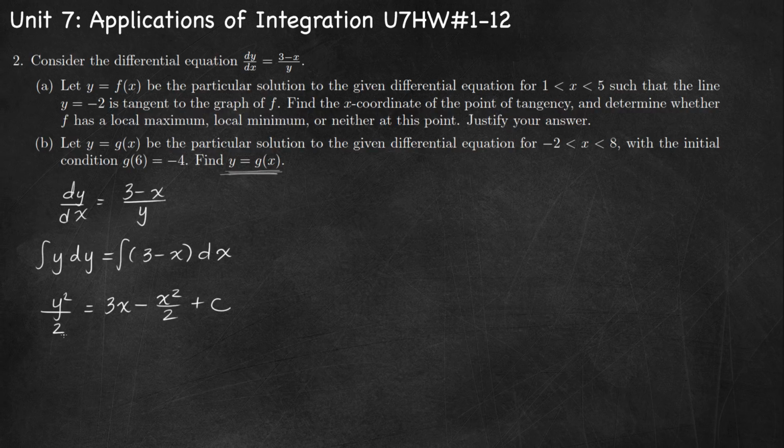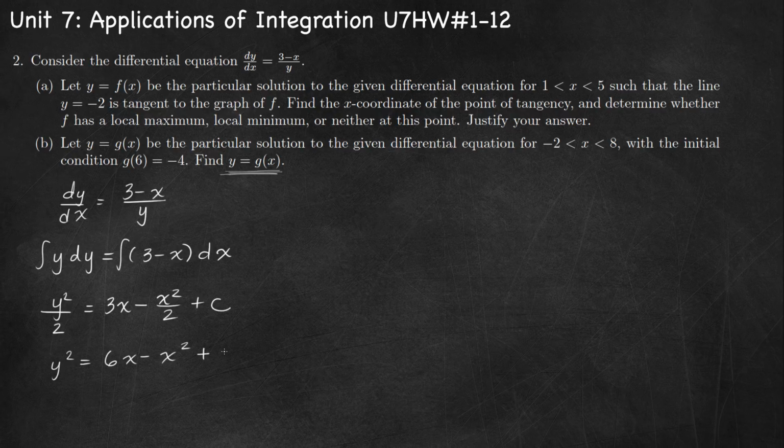Let me go ahead and multiply everything by 2, and then maybe we'll solve for c at that point. So if I multiply all the terms by 2, I get y squared equals 6x minus x squared plus 2 times c.